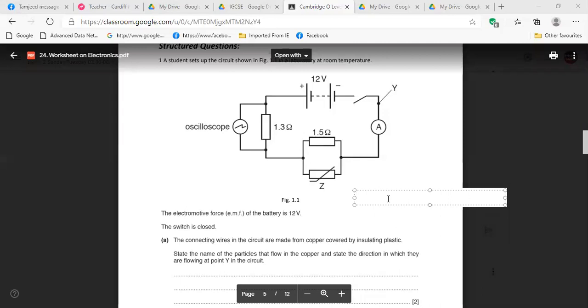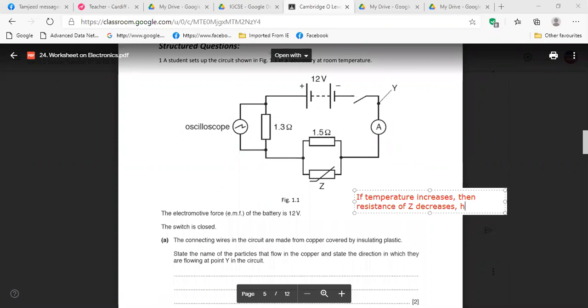If temperature increases, then resistance of Z decreases. Do you agree?